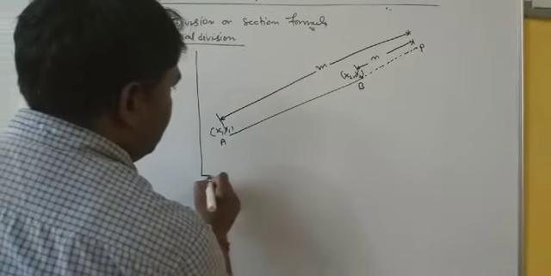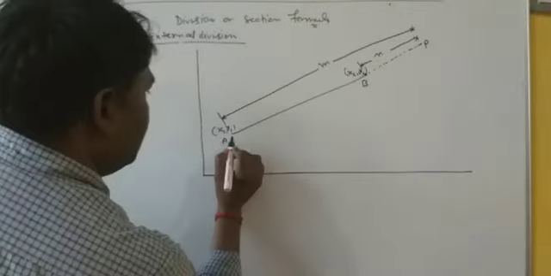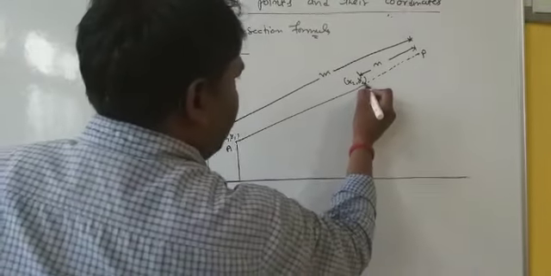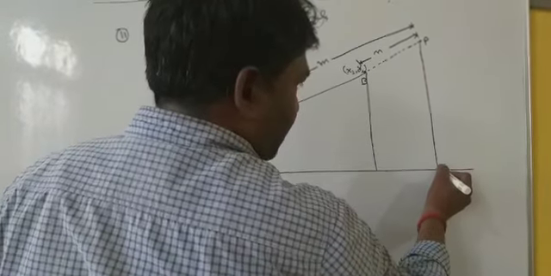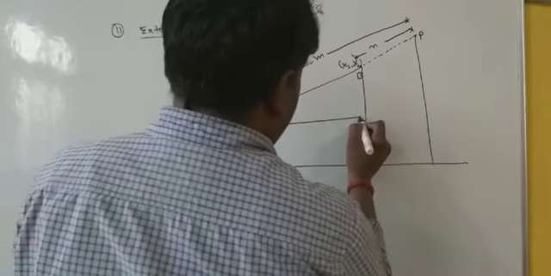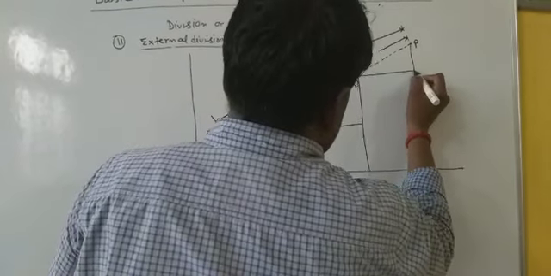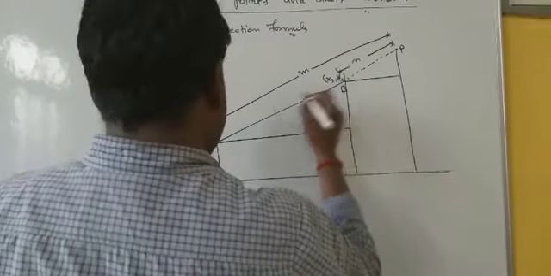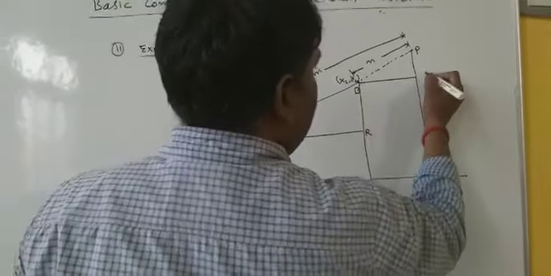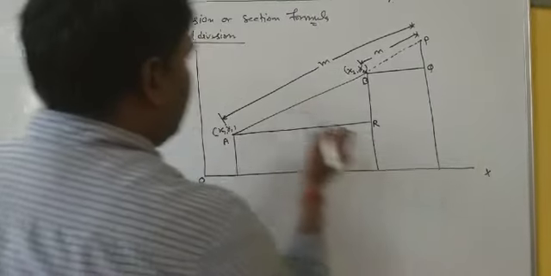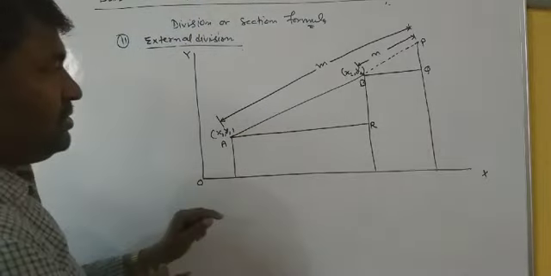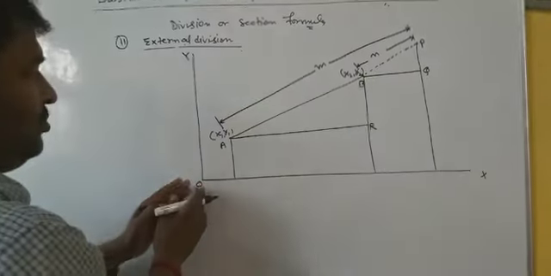Then by the same way as we have done earlier in the case of internal division, here joining a perpendicular, this let AB, here let this be R, this be Q. So the diagram is quite obvious. X-axis, y-axis, this is your origin.